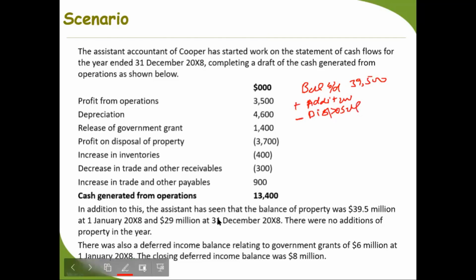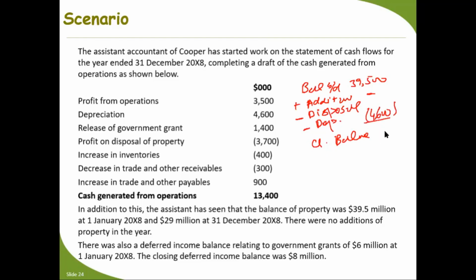Now he is saying no addition during the period and no revaluation, etc. And then minus depreciation and then closing balance. So there was no addition. How much depreciation do we have? 4,600.